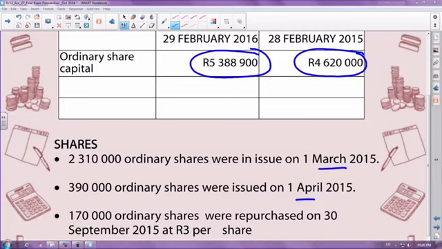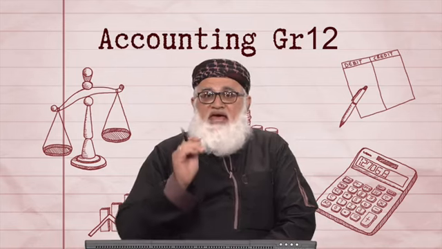Right, so obviously, the 3 Rand per share is the total amount that we are paying back per share. But what do we require? We require the average price per share to work out the price above the average price for the retained income note.